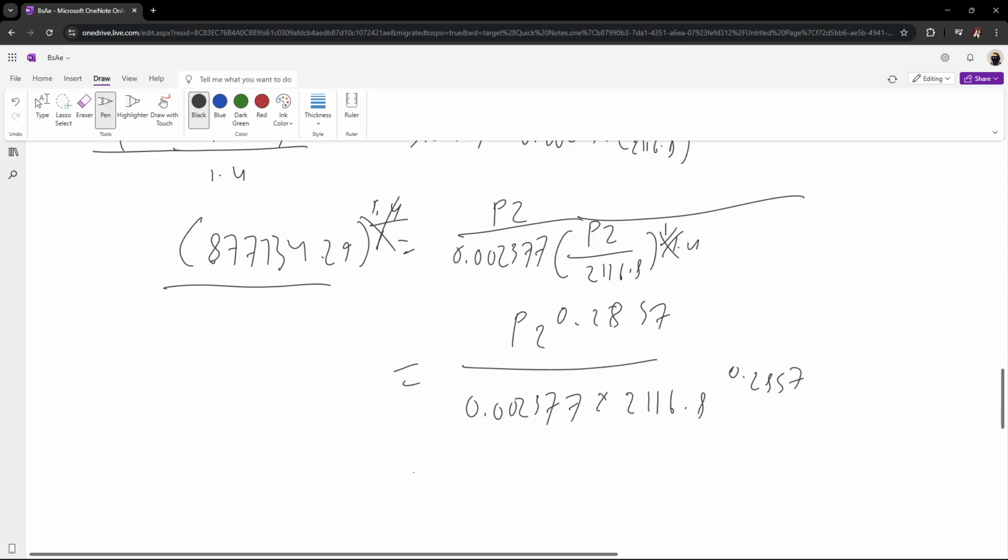How did that happen? We transpose P2 as 1, so in turn this will be 1 over 2116.8 to the 1 over 1.4, giving 0.2857.